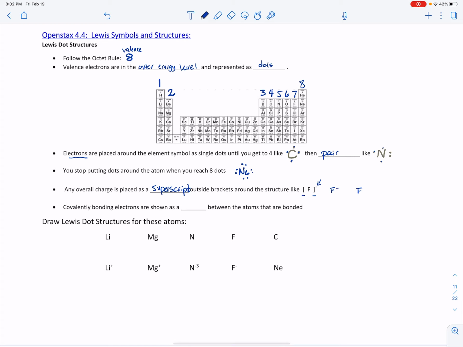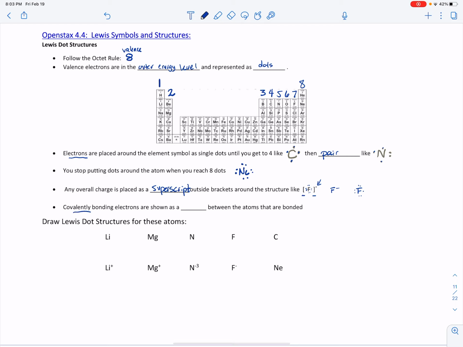If you were just dealing with neutral fluorine, you would just put your electrons around the fluorine and be done with it. Fluorine minus has 1 more electron. 1, 2, 3, 4, 5, 6, 7, 8. So it has 8 electrons with that negative sign, and that's how you show that there's a negative charge or a positive charge, with the brackets.